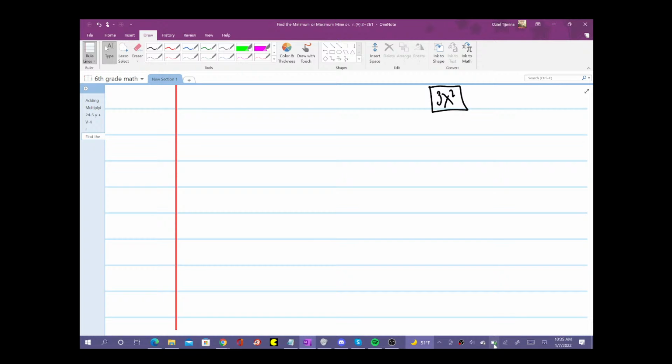Give me a second, guys, I need to charge my laptop again. Adding square roots is another thing that we must know how to do.